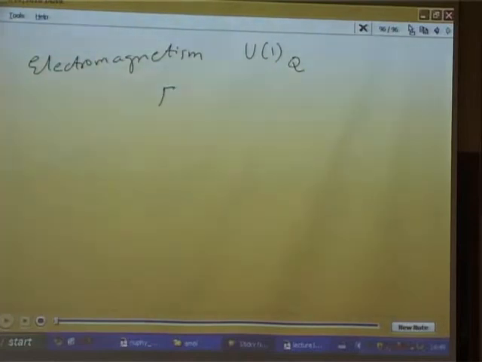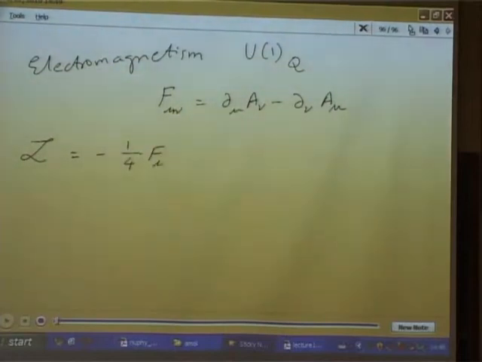And there you must have come across an object called F mu nu, which was defined in terms of A mu. If you want to write the kinetic term in the Lagrangian, it will be minus 1/4 of F mu nu F mu nu. So the Lagrangian usually has three kinds of terms.